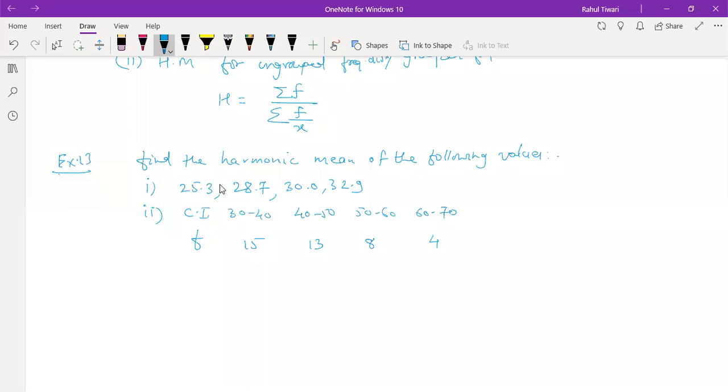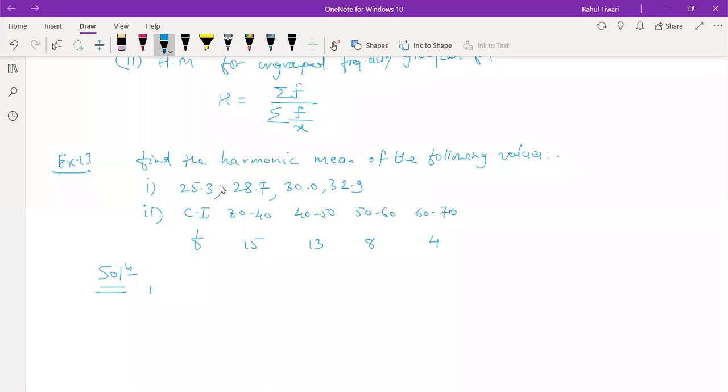This is 28, right? 28 plus 8 is 36. 36 plus 4. Right. Solve this.